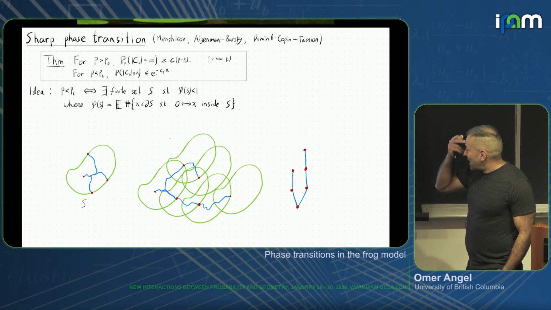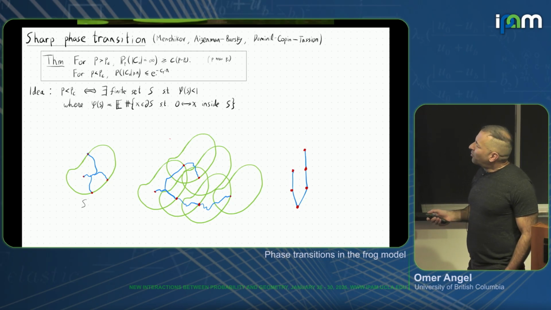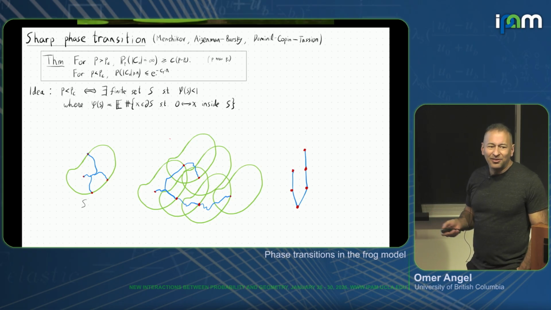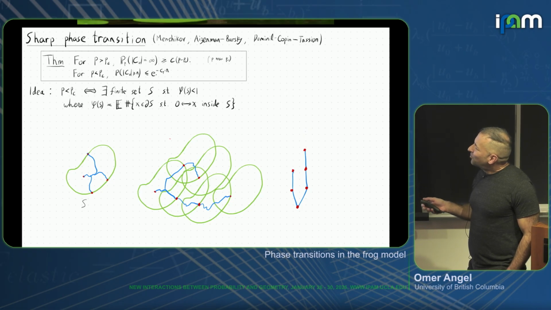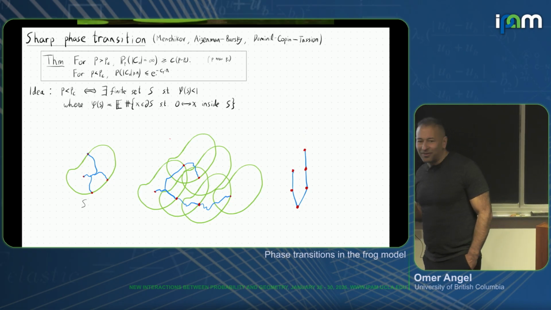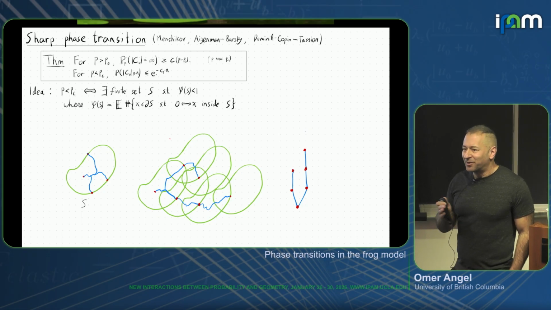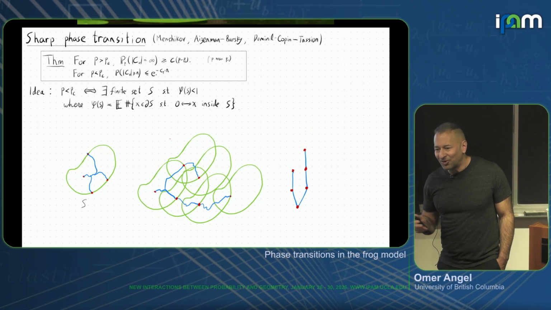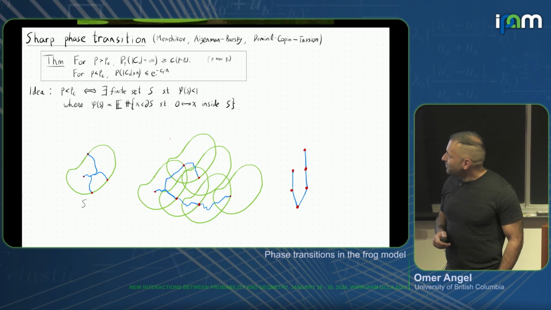That's the lower bound. And on the other side of the phase transition, if you are below criticality, then the probability that you have a large cluster of size at least n not only decays to 0, but decays exponentially. So this is one of the standard results that would be referred to as sharpness of the phase transition. So below p_c, the clusters are not only finite, but really small. Above p_c, not only do we have infinite clusters, but we have a lot of them.